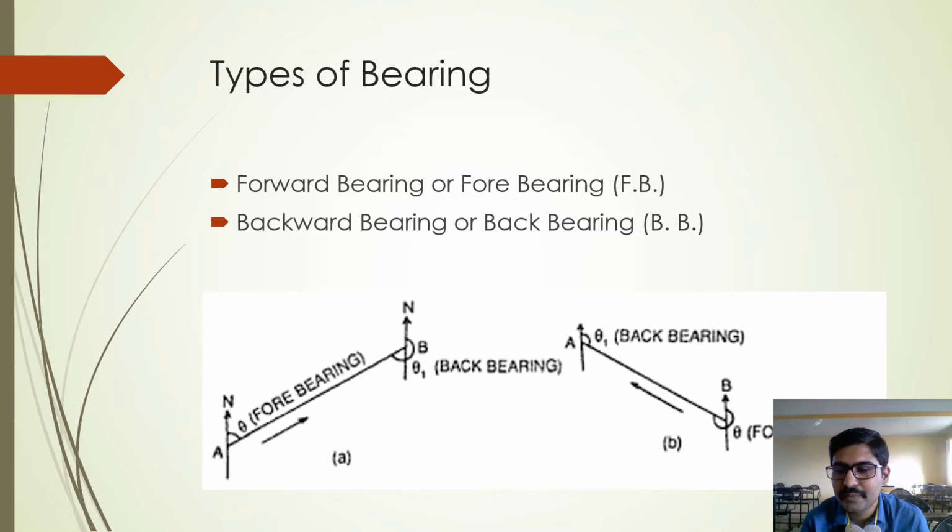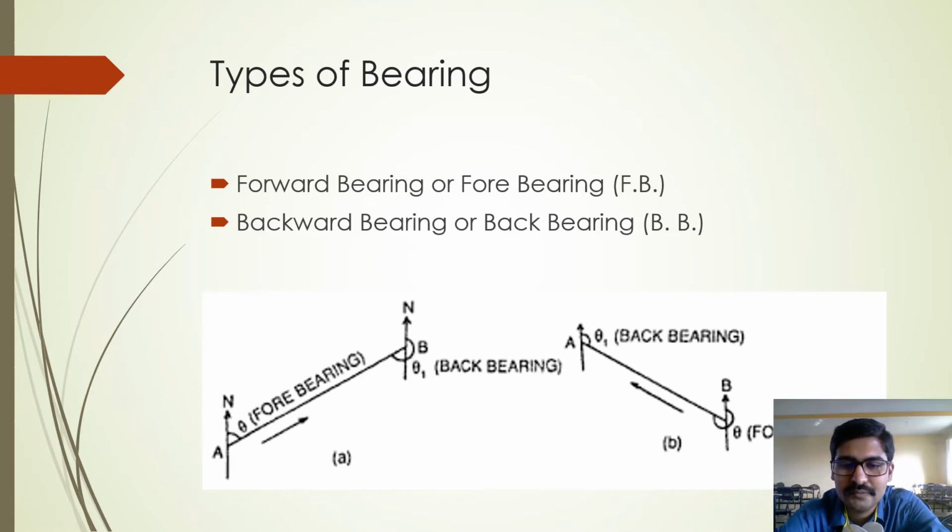So B should be written as A and A should be written as B there. It is wrongly printed. Here at the bottom where B is written, that is point A, and there you have theta, the fore bearing. Where it is written A at the top, it is actually B, and theta 1 is the back bearing of the line.